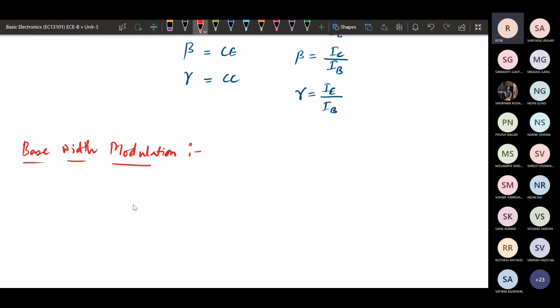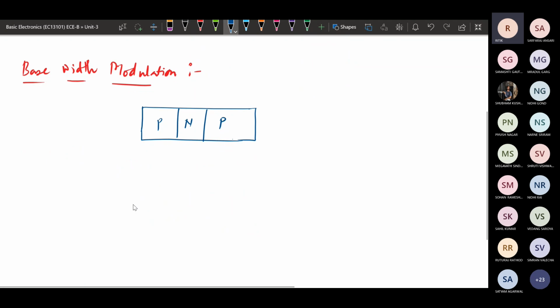Suppose we have a PNP transistor. This is the emitter junction and this is the collector junction. We bias such that the emitter junction is forward biased.